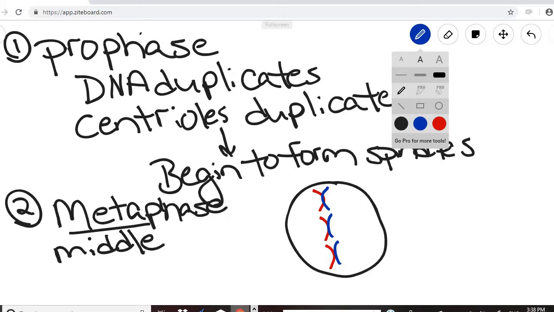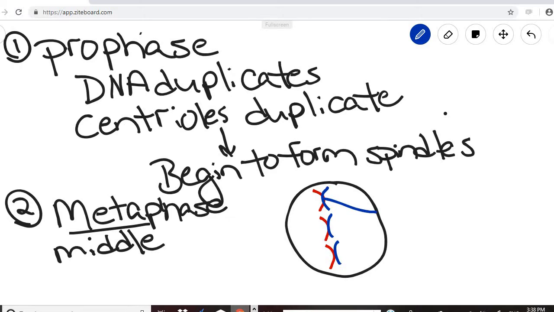And then the other thing that happens is those spindles attach to the middle of the chromosomes. Make that black.